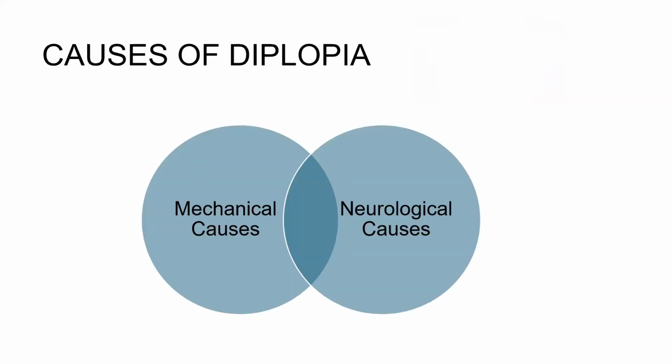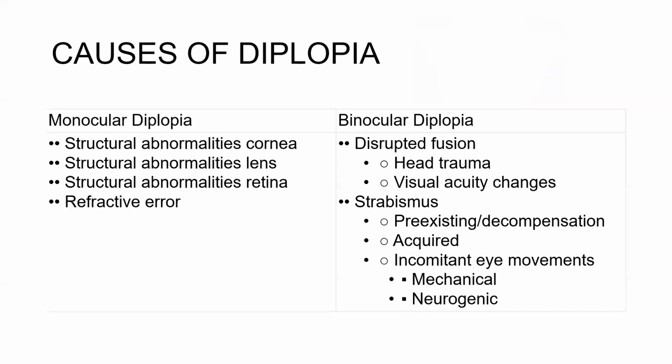Coming to diplopia, broadly it is classified as mechanical and neurological. But if we go into detail, these are the causes of both monocular and binocular diplopia. It can happen in any of these conditions, of which mechanical and neurogenic are stated here.